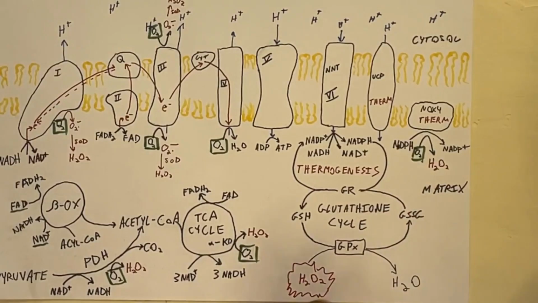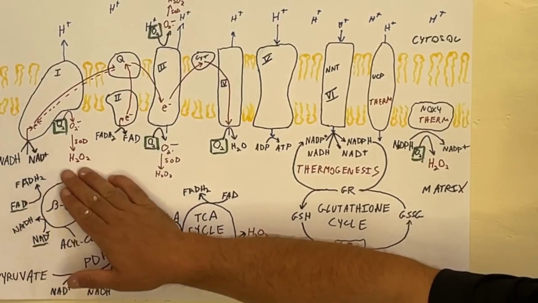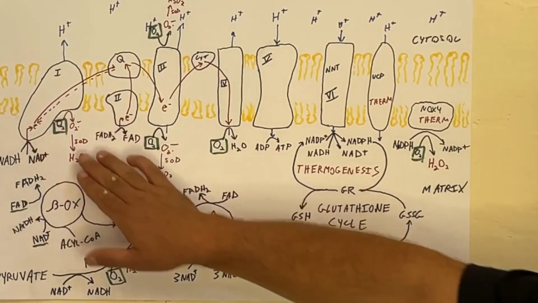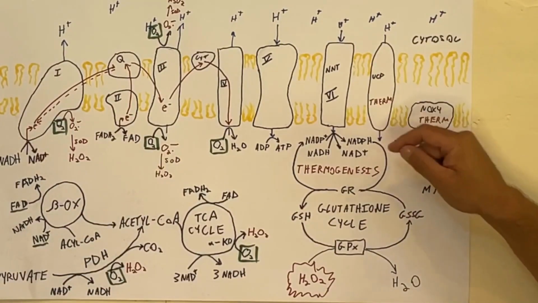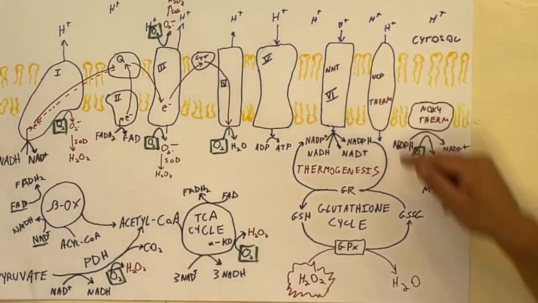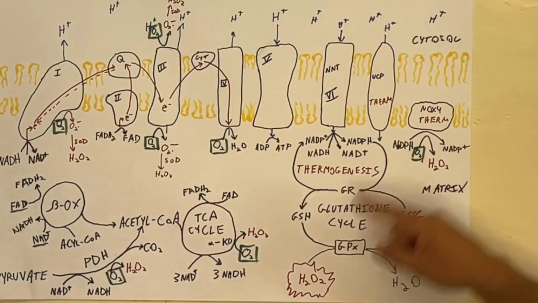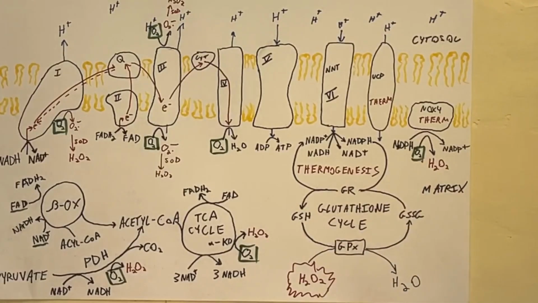And so as NADH levels rise, as acetyl-CoA levels rise, you have more hydrogen peroxide generation at complex 1. You have less hydrogen peroxide removal at NNT, complex 6. The glutathione cycle slows down and hydrogen peroxide levels start to build. And that is oxidative stress, a buildup of hydrogen peroxide levels. And it's caused by mitochondrial enzyme acetylation at complex 1 and at NNT, and the ensuing buildup in acetyl-CoA levels and NADH.